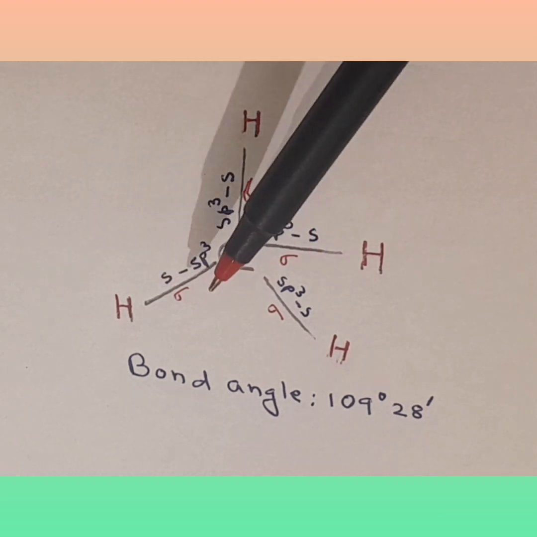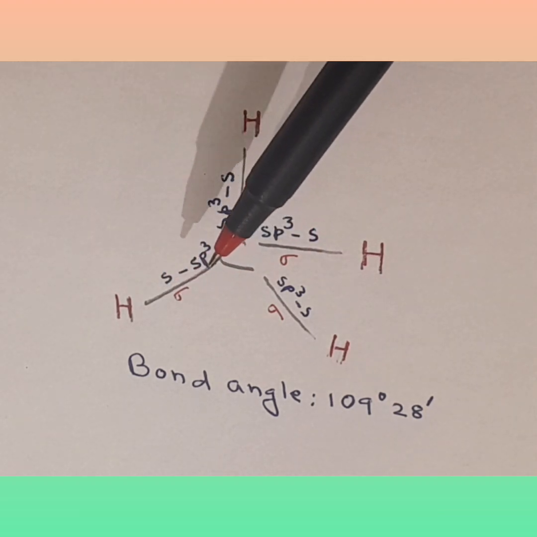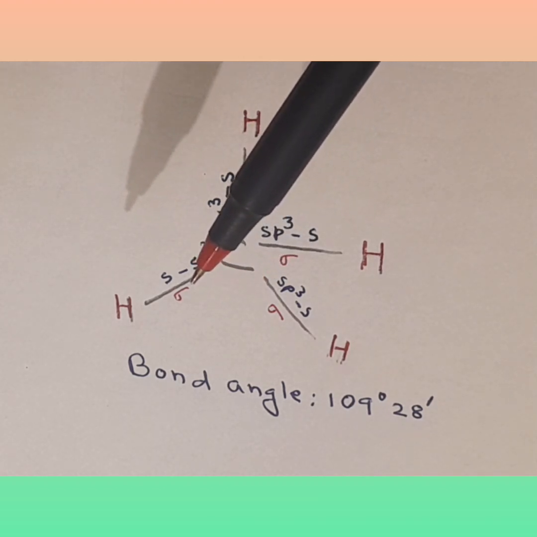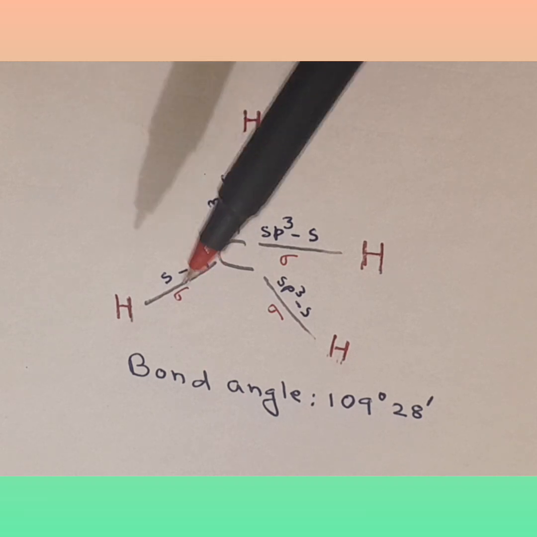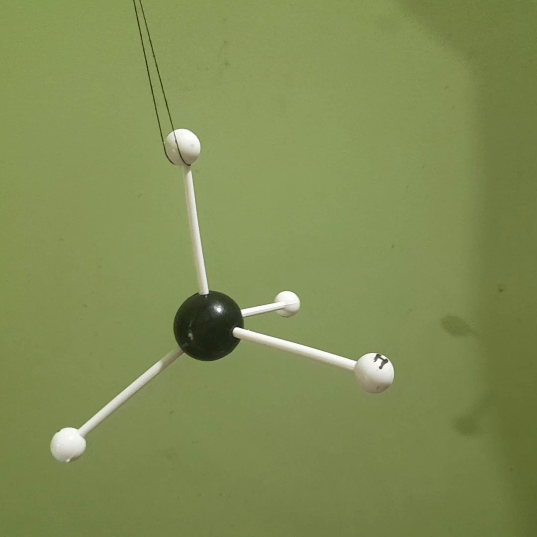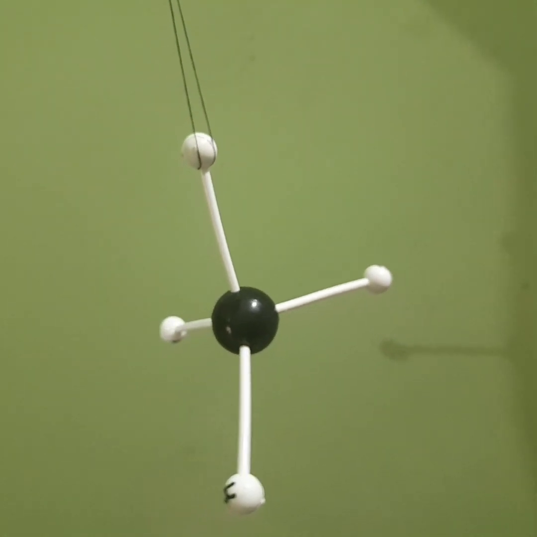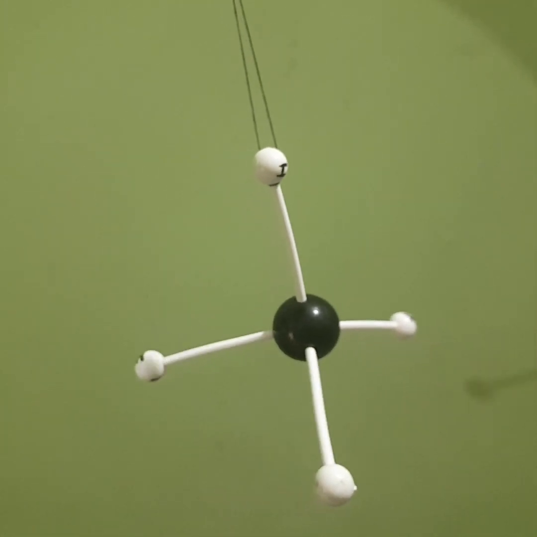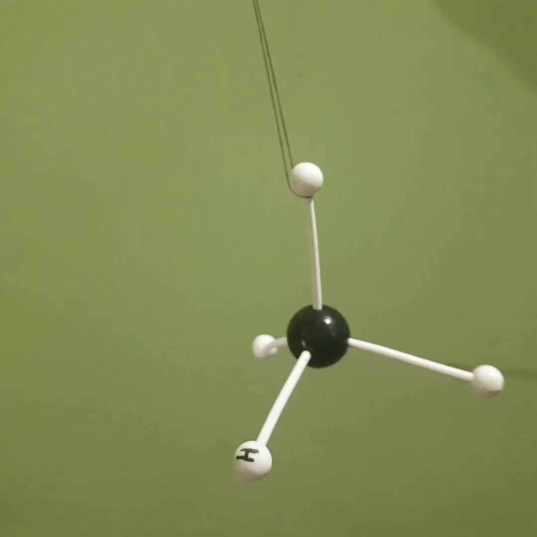So 4 sigma bonds, 4 sp3-s type bonds, bond angle 109 degree 28 minutes, and tetrahedral structure. How does the molecule look? This is the tetrahedral structure of methane, CH4, uniform from all the directions.